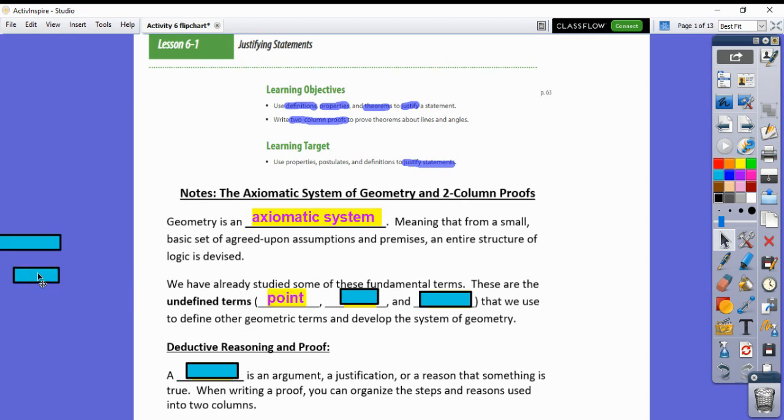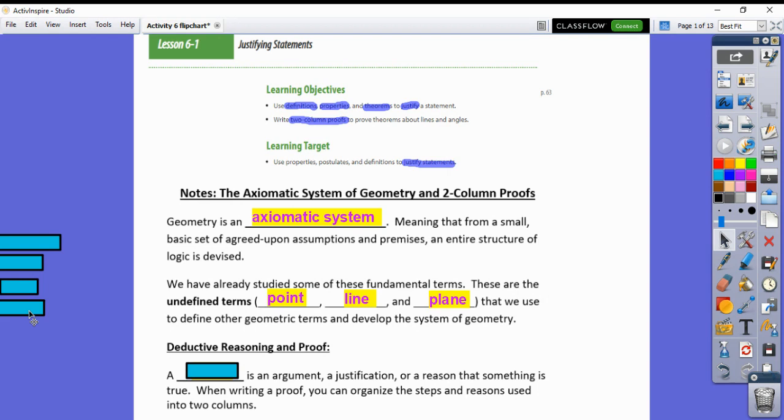Those are the point, the line, and the plane. So it turns out that any term that we use in geometry can in some way be boiled down to either one of these three terms or a combination of those three terms: a point, line, and a plane.